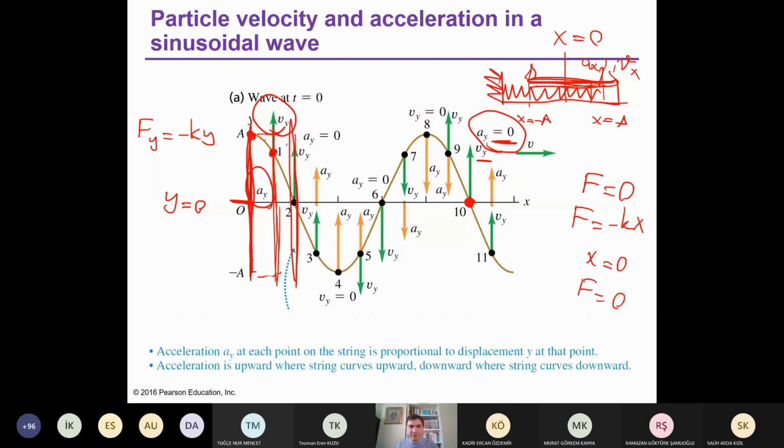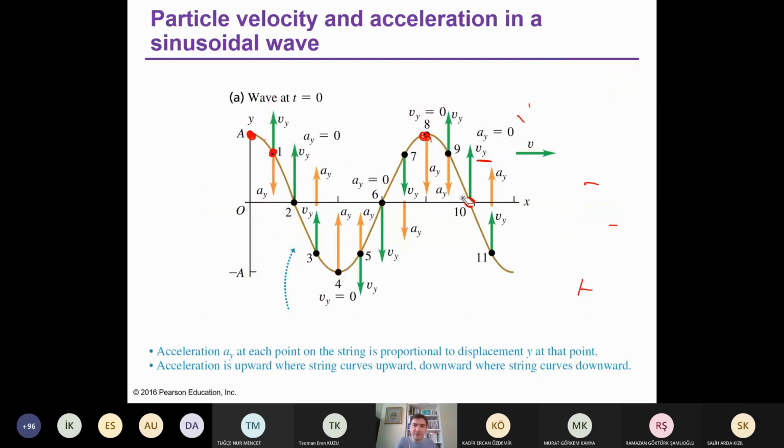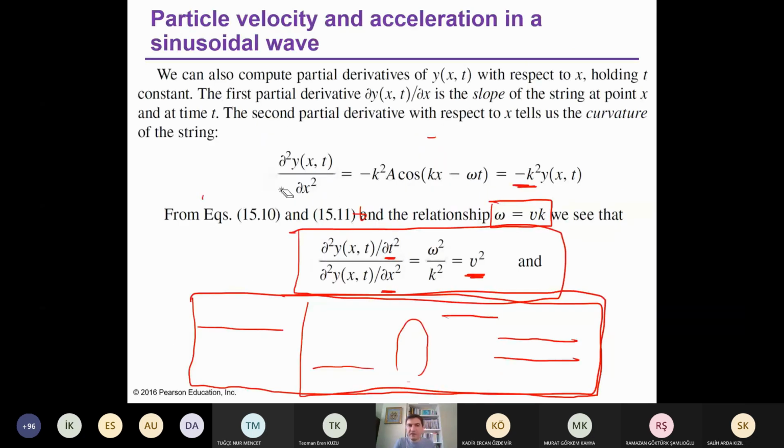So around the equilibrium here, a_y is 0 because the force is 0. And here at the maximum amplitude, we have maximum acceleration, but with different directions depending on the direction of the restoring force. The mechanism is the same. There is no new information here. So you can also understand this graph by using these equations. Look at the a_y here.